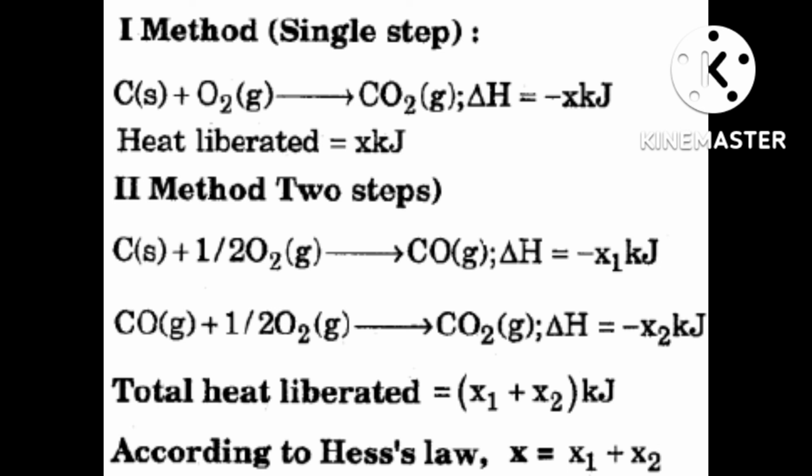Now the second route: A to C, C to D, and D to B, and finally you reach B. A to C, you put one long arrow, that is delta H1. Now you have reached C, and then you go to the other station, C to D, that is delta H2, with another long arrow.